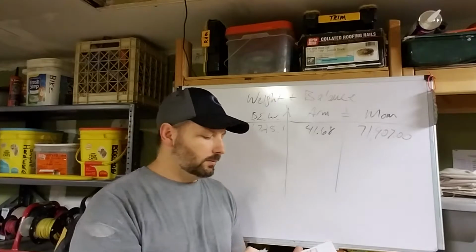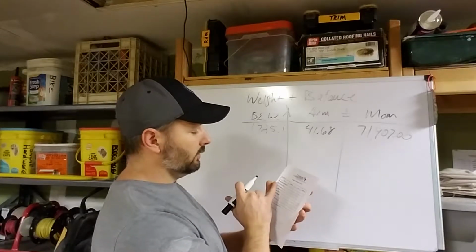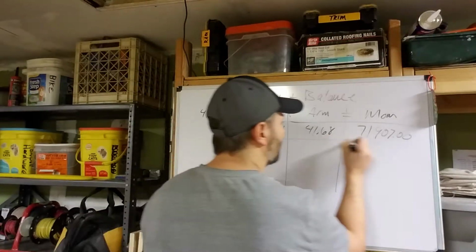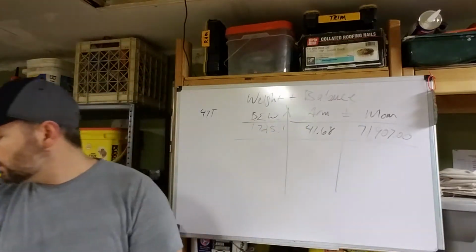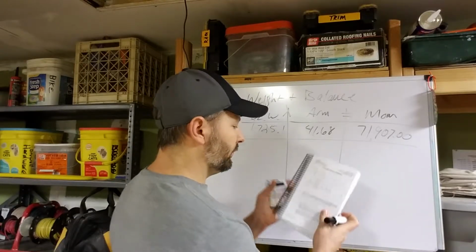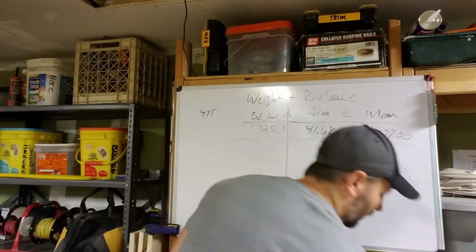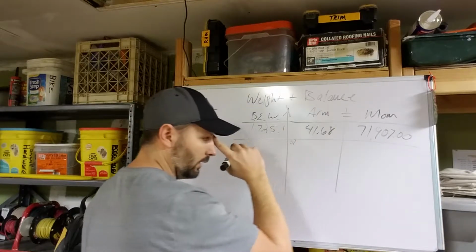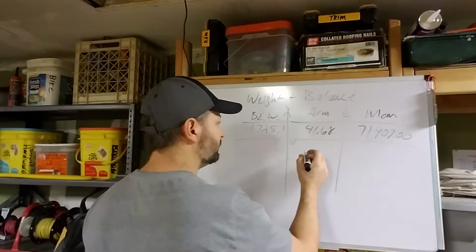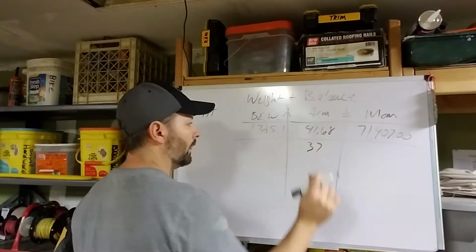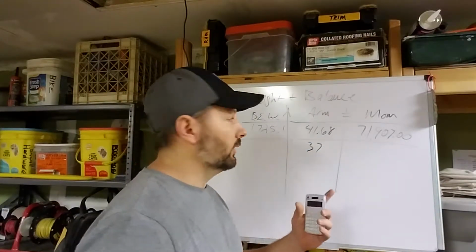Now, once you move down, it's going to ask you for the pilot and the front passenger for that first row. For that first row, go to your POH, for the S model and the 172. We got 37 as our arm. So 37 is going to be our arm for our calculation, right?